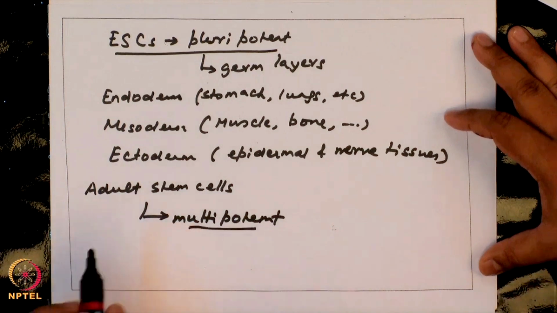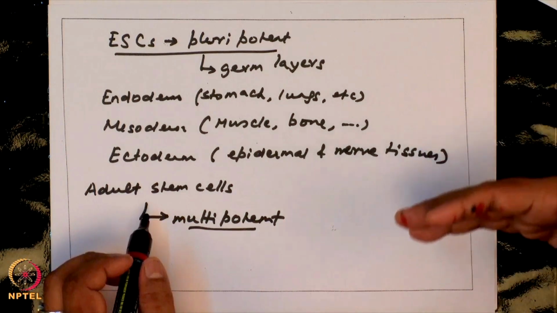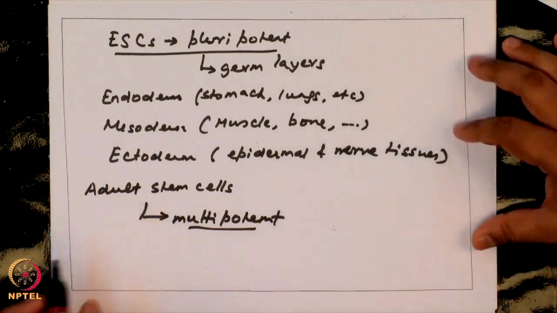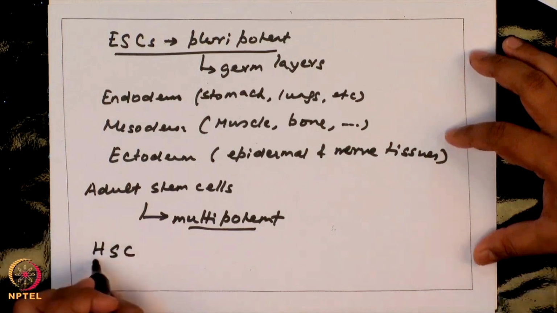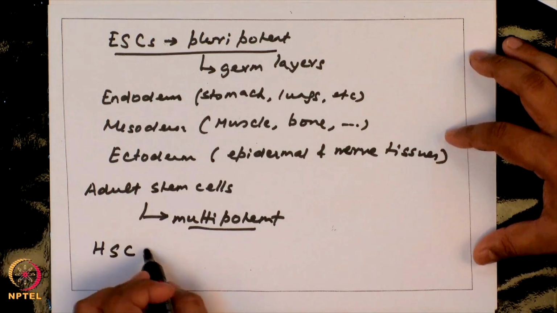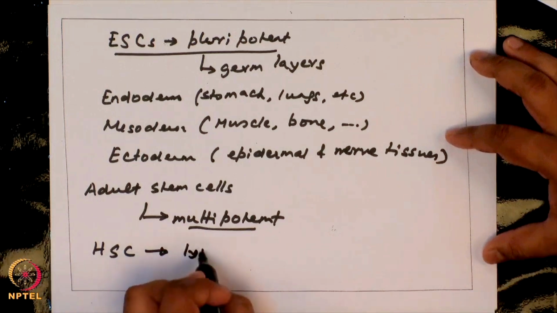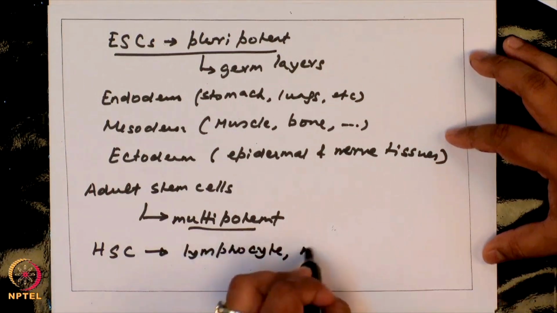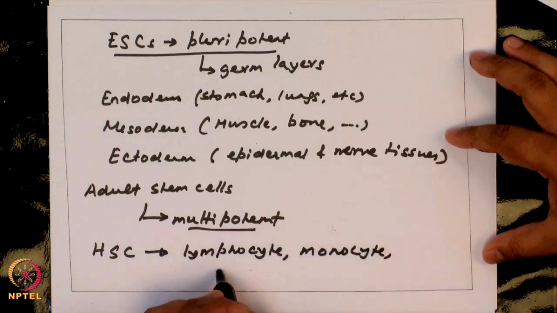Their ability to differentiate into all different cell types is not possible. For example, a hematopoietic stem cell, H is for hematopoietic, can give rise to all blood cell types including lymphocyte, monocyte and neutrophil.